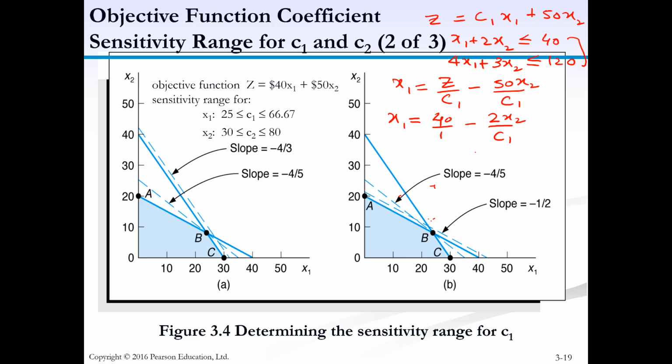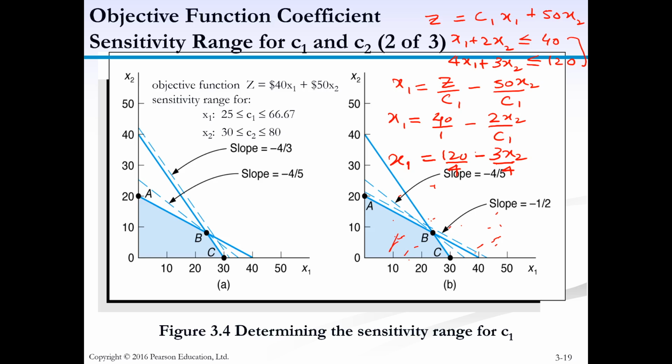And for the second constraint, x1 is equal to 120 over 4 minus 3x2 over 4.